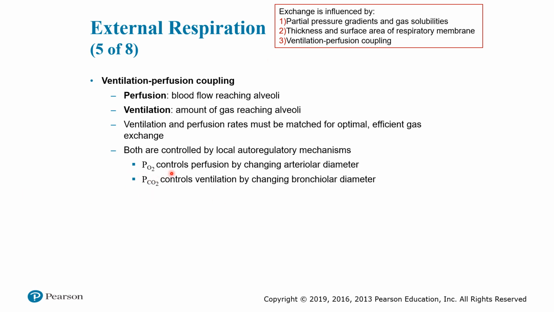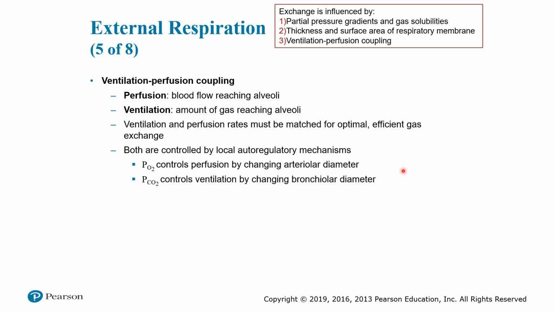Partial pressure of oxygen controls perfusion by changing arteriolar diameter. We know that the amount of blood coming into a capillary is regulated by arterioles. Arterioles are present before the capillaries. They come at the last of the division of the arteries. Remember when we went over elastic arteries, then muscular arteries, then smaller arteries, then finally there are arterioles, and then arterioles divide into many capillaries, which is known as the capillary bed.